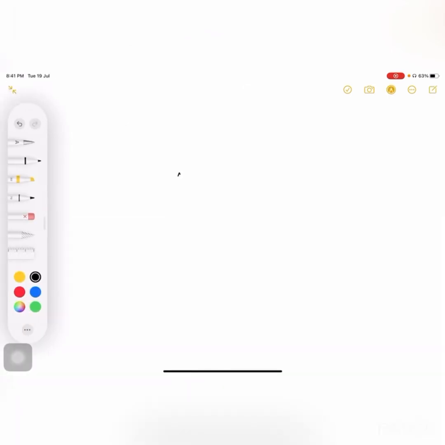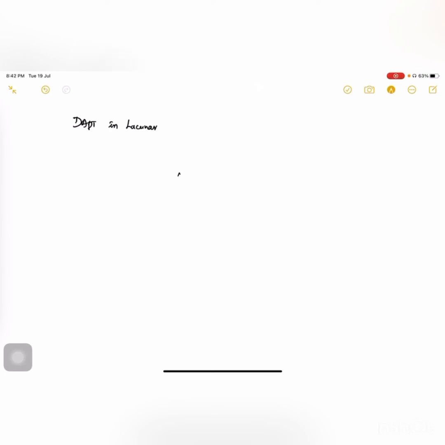So the next condition is DAPT in lacunar stroke. For lacunar stroke, we give dual antiplatelet therapy for only 5 days.